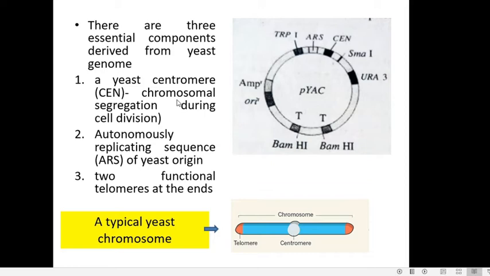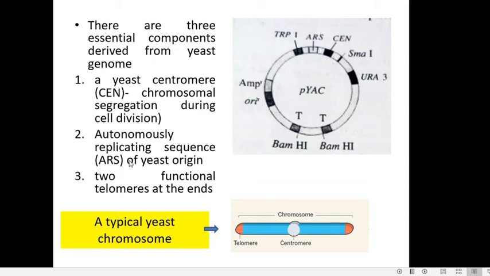So along with that, our foreign DNA will also be distributed into the daughter cells. So if this continues, as many daughter cells as we get, there will be that many foreign genes. So that is why we are using a vector for carrying our foreign gene. So the CEN sequence will allow this vector to behave like a chromosome, because it is characteristic of the centromere region.